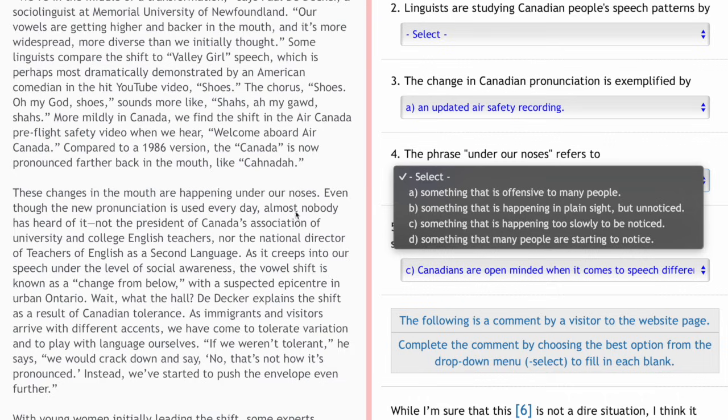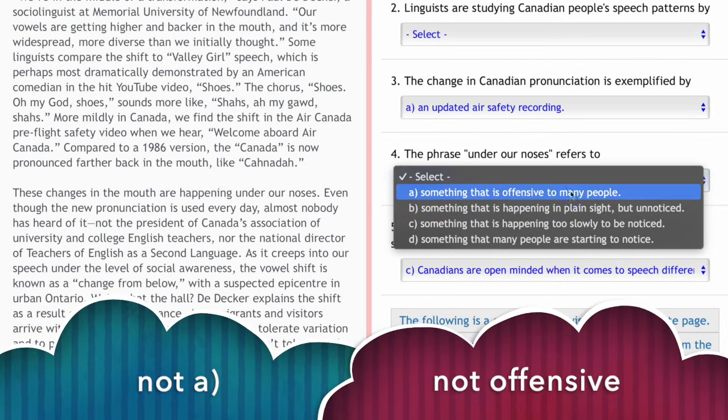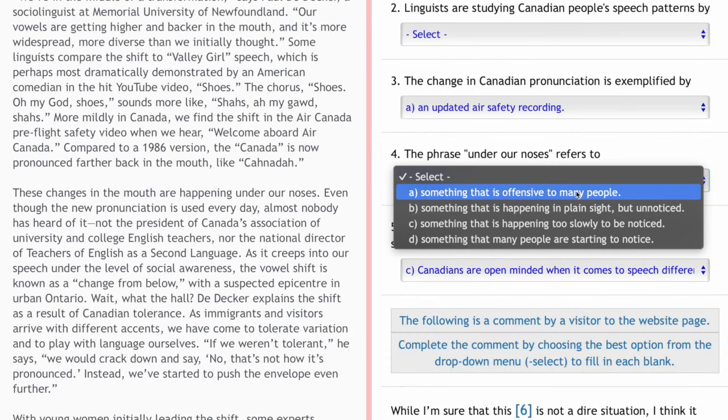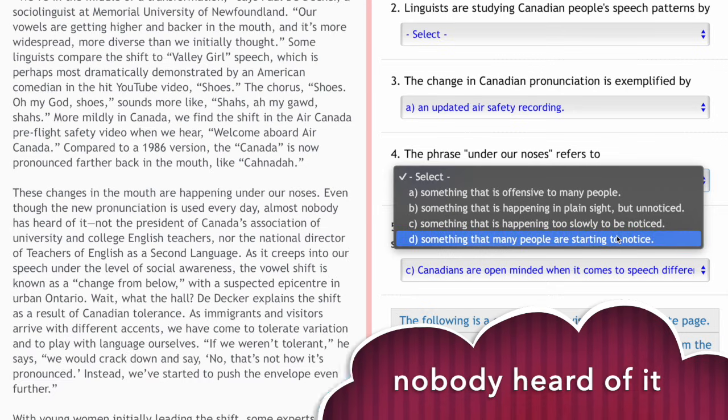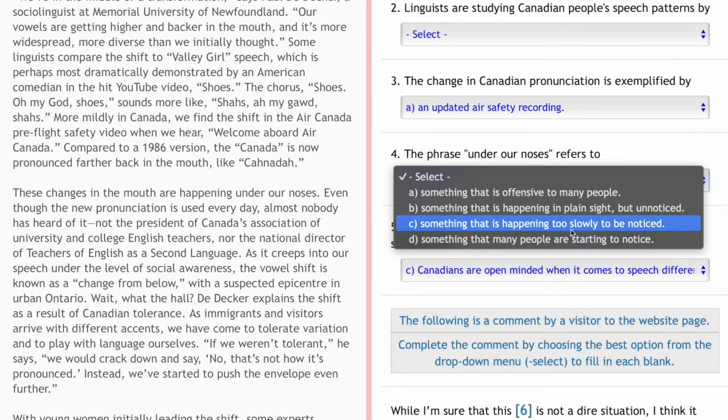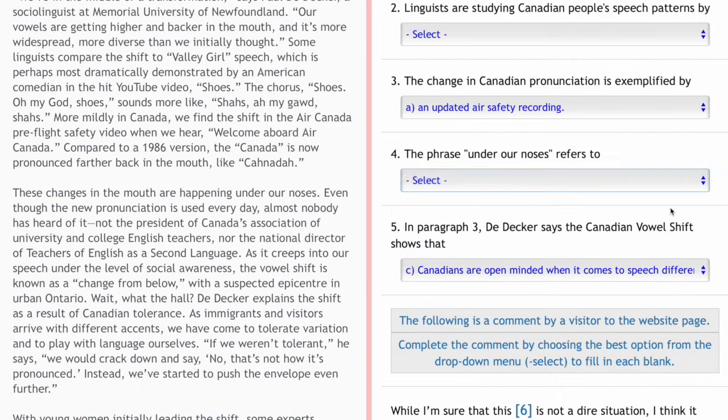It's used every day. Almost nobody has heard of it. So, offensive? No. Many people are noticing? No. Says nobody heard of it. So, too slowly to be noticed or happening in plain sight but unnoticed. So, it would be B.